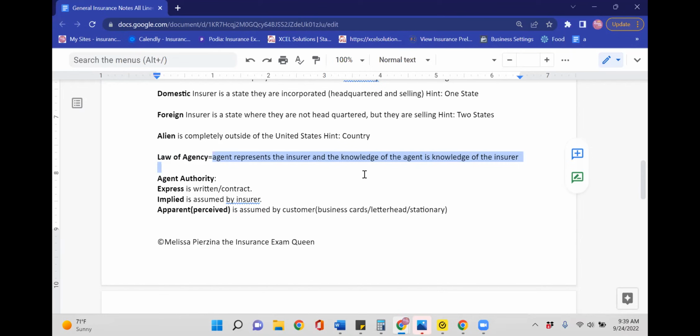The rules are that the agent represents the insurer.